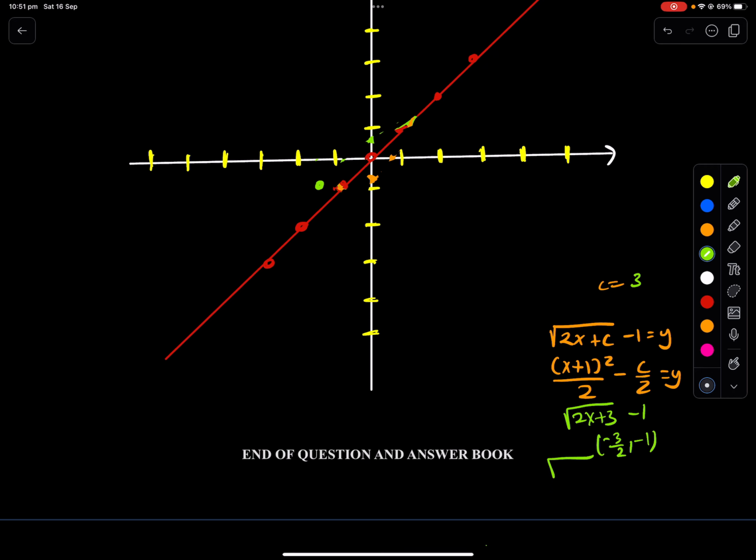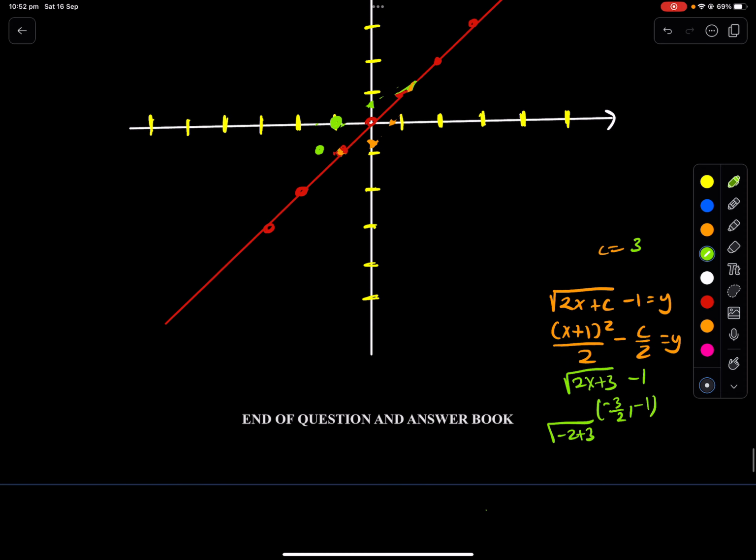And if we sub in negative 1, square root of negative 2 plus 3 is 1, minus 1, 0. So here, it'll be 0. What about 0? If we sub in 0, square root of 3 minus 1, which is like 1.7 minus 1, or 0.7, maybe 0.6, somewhere around there, around here.